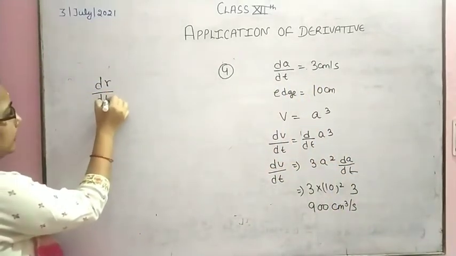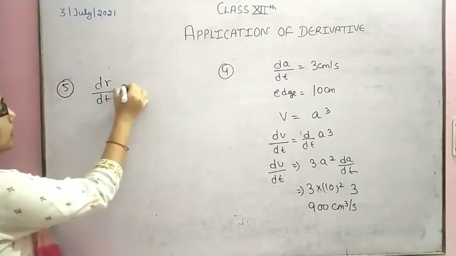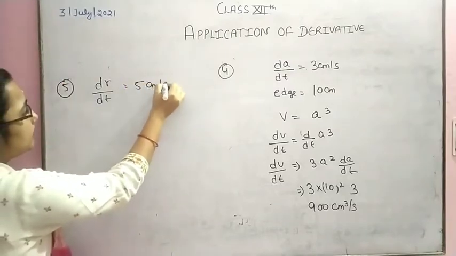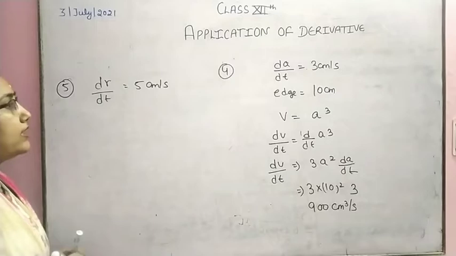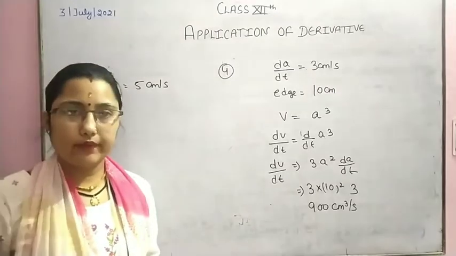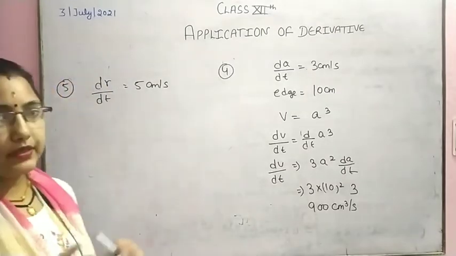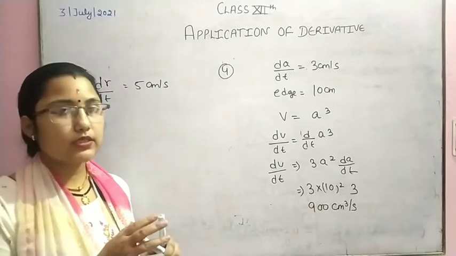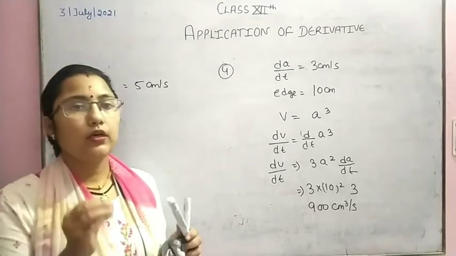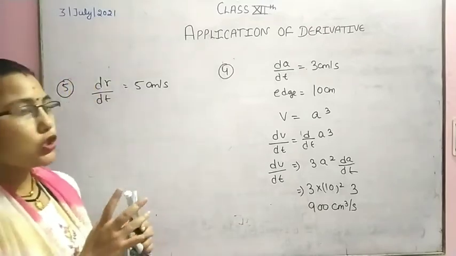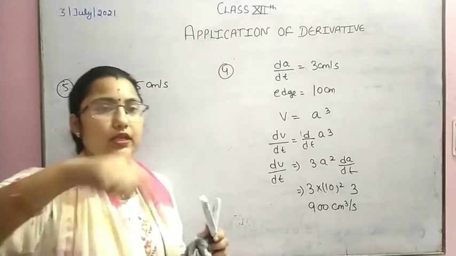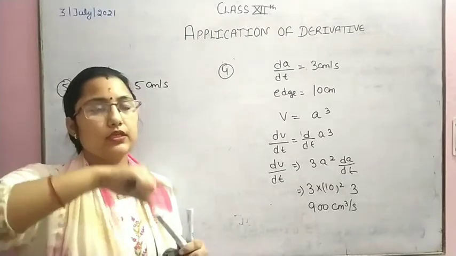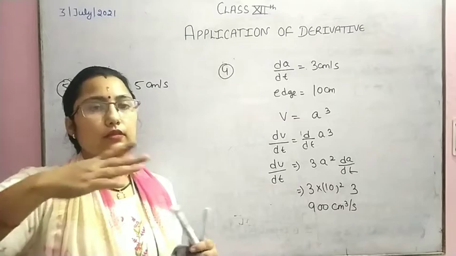So it is given dr by dt is equal to 5 centimeter per second. It is given that the wave changes with the speed of 5 centimeter per second. As we notice, if we drop a stone in the lake, small rings are generated, and one by one the radius of the rings increases.